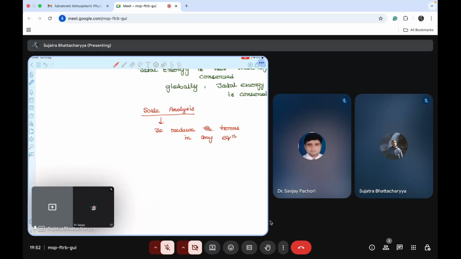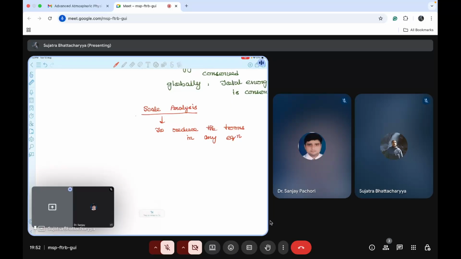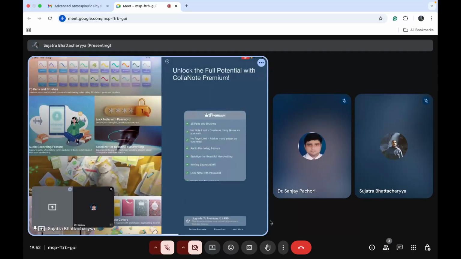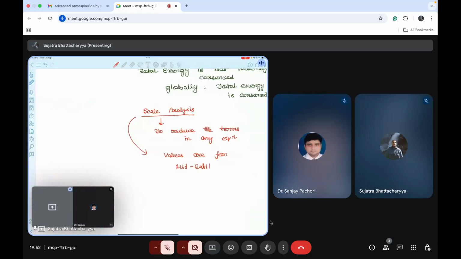Next, the scale analysis. I will write some values. Values are for mid-latitude, which is around 35 to 60 degrees in both hemispheres.